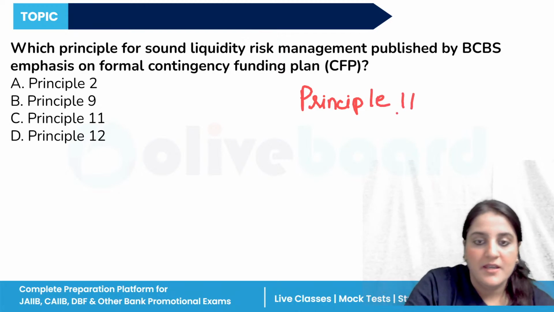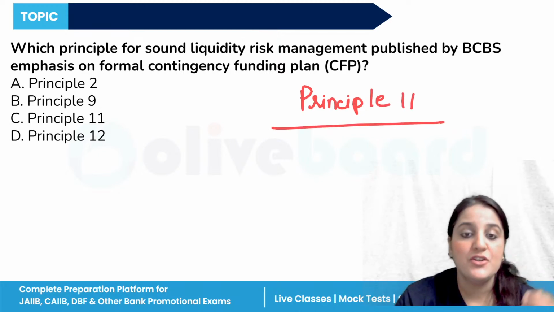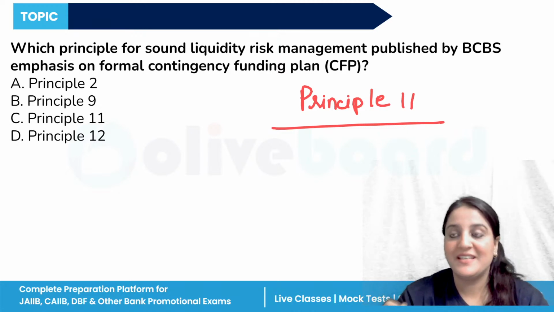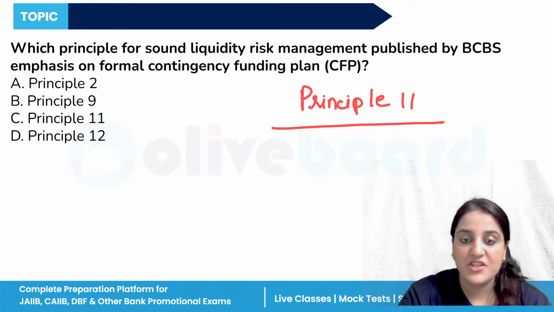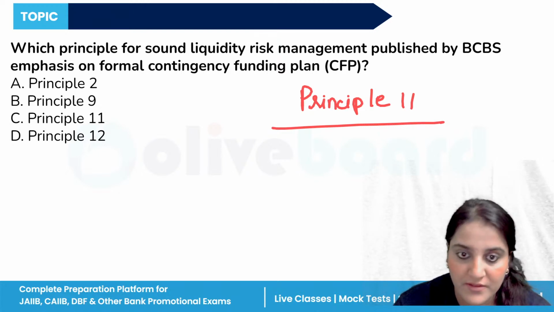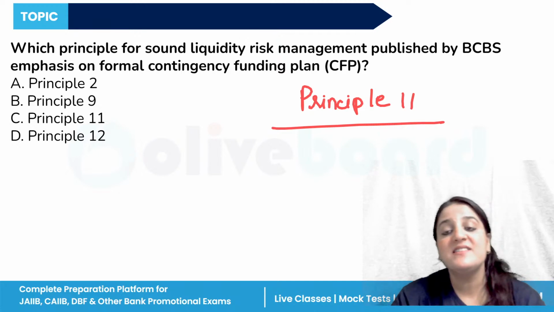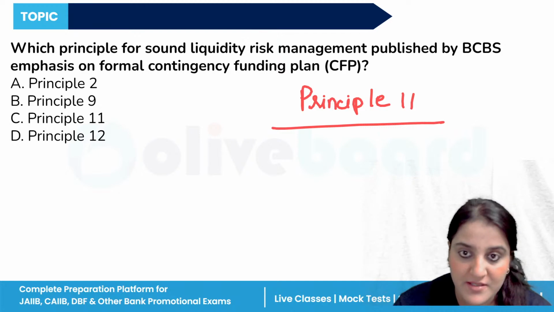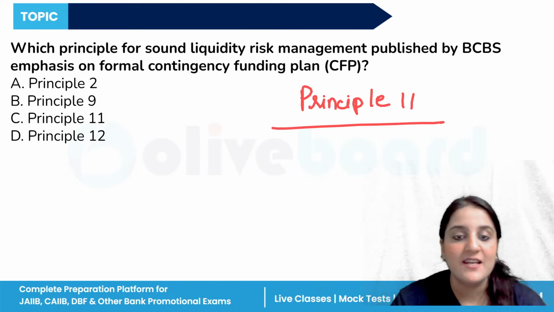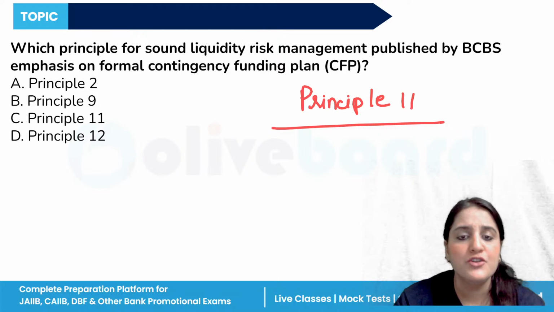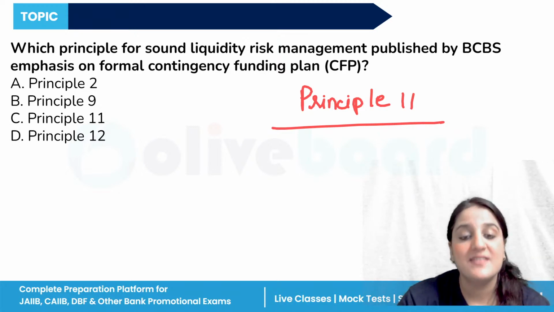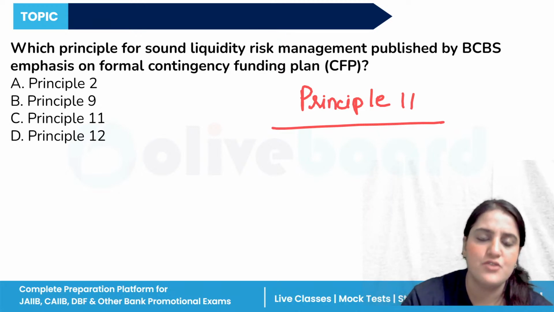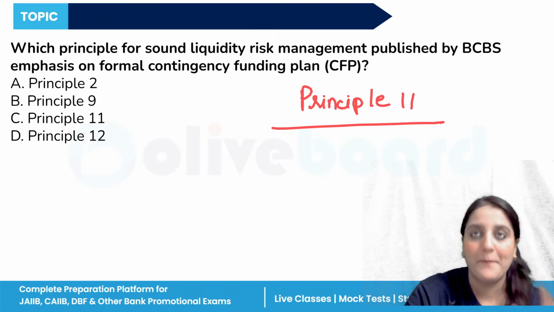Principle 11 basically states that a bank should have a CFP that clearly sets out the strategies for addressing liquidity shortfalls in emergency situations, and that CFP should outline the policies to manage a range of stress environments, establishing clear lines of responsibility, which includes clear invocation and escalation procedures, and also be regularly tested and updated to ensure that it is operationally robust.